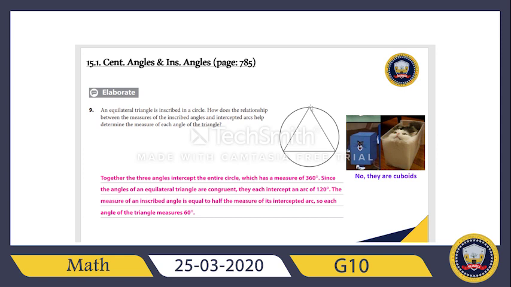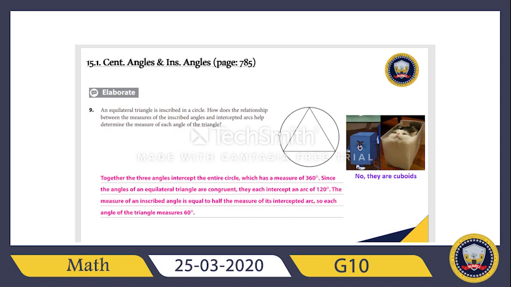Alright? Now, we learned that the measure of the arc is equal to double my inscribed angle.